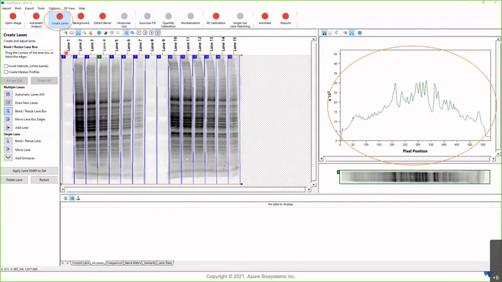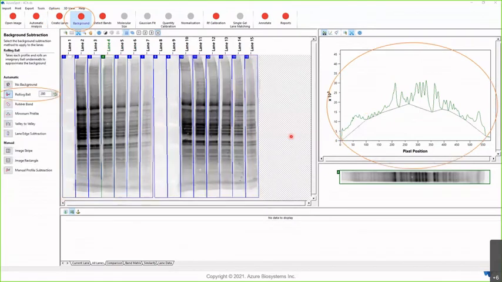The lane must cover the whole blot from top to bottom. So this is channel 4. You can see the total proteins here, and you can see that there are multiple peaks in the pixel figure.